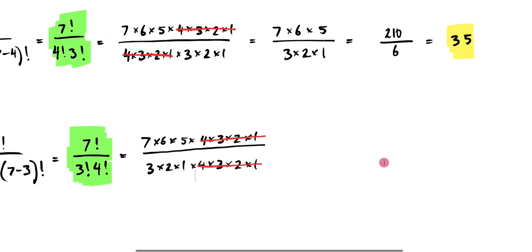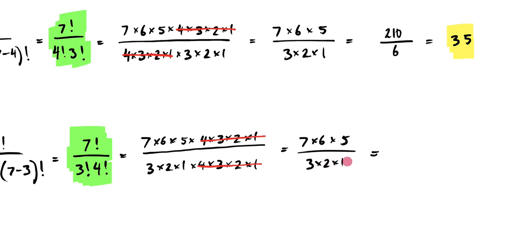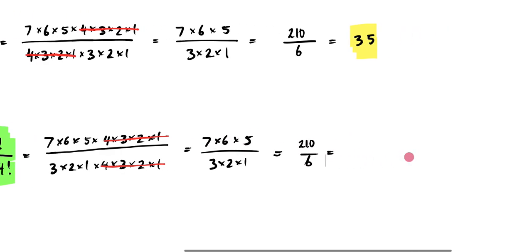Then I'm going to be left with 7 times 6 times 5 over 3 times 2 times 1. 3 times 2 times 1 is 6. 6 5s are 30. 30 times 7 is 210. And 6 goes into 210 35 times.